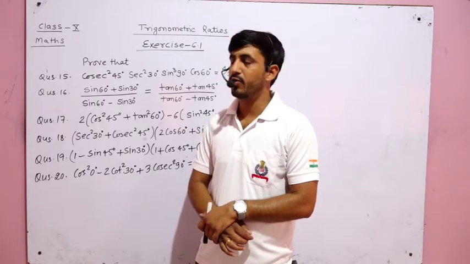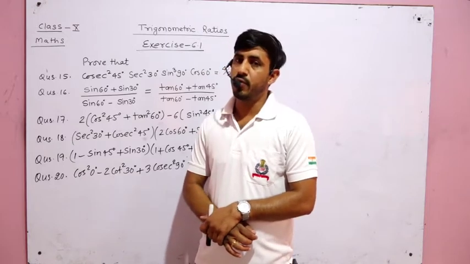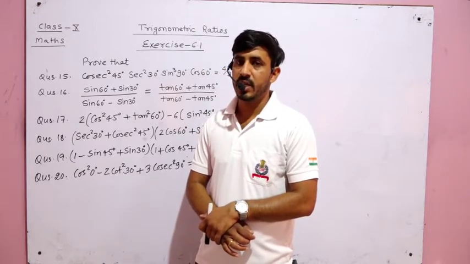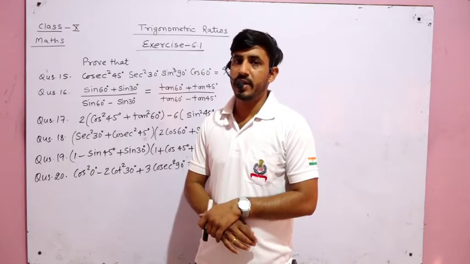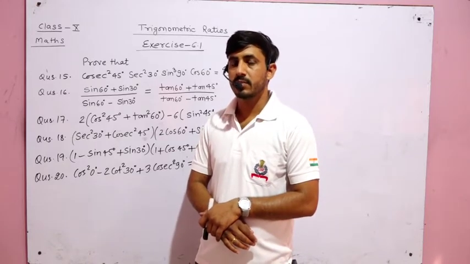It means we have solved questions 1 to 14 by using the values of trigonometric ratios from the table.